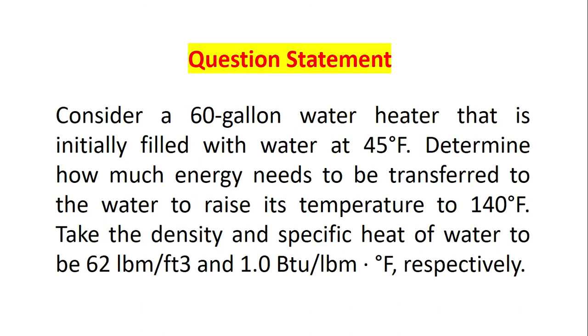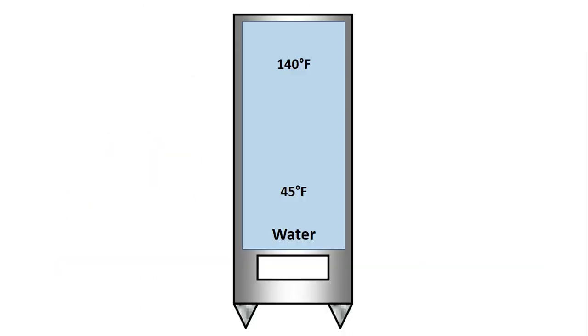Let us try to understand this question statement with the help of the diagram. This is a water heater, and this blue color represents the water present in the heater.